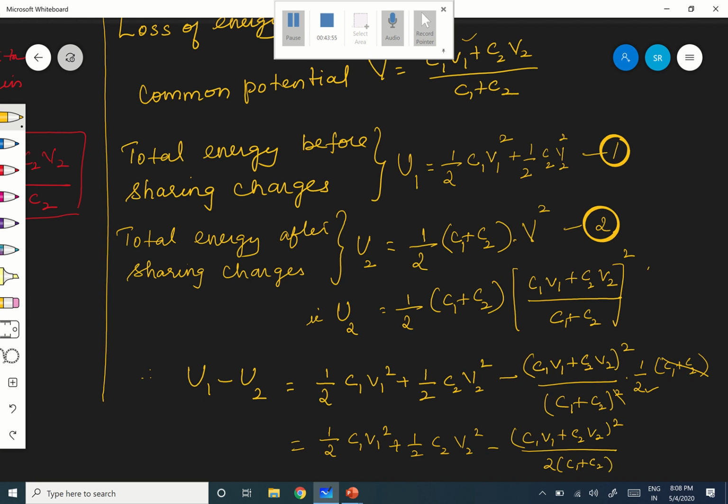Hope you are following. Here U2 is half C1 plus C2 times the common potential V squared.